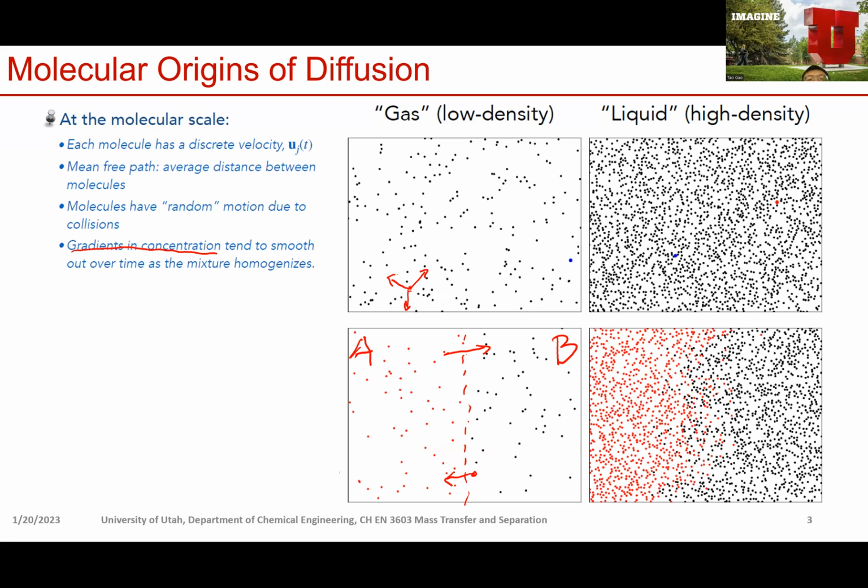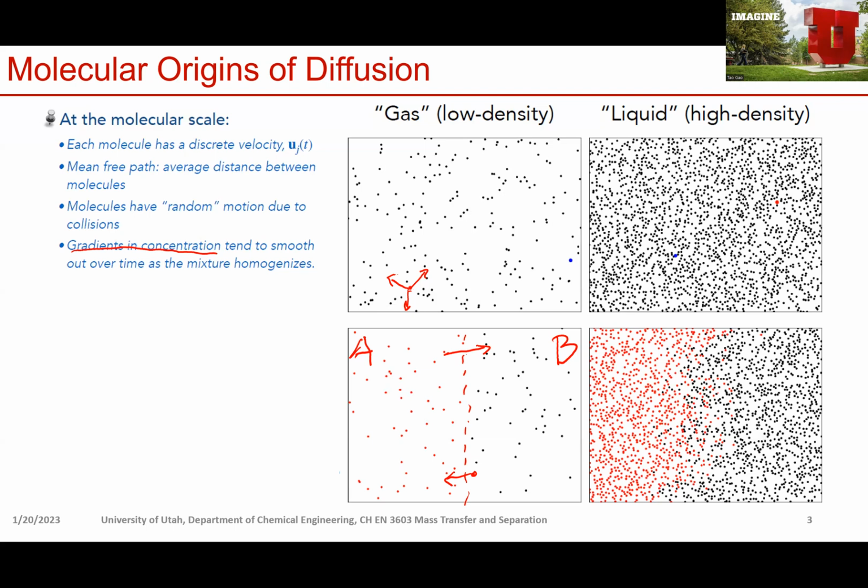Does that make sense? So it all has to do with concentration. Higher concentration means you have a higher chance of moving, right? In this case, on the left, we have a higher concentration of A. That means the possibility of molecule A moving to the right is higher than the possibility of molecule A moving from the right to the left, because you just don't have as many molecule A on the right, right?